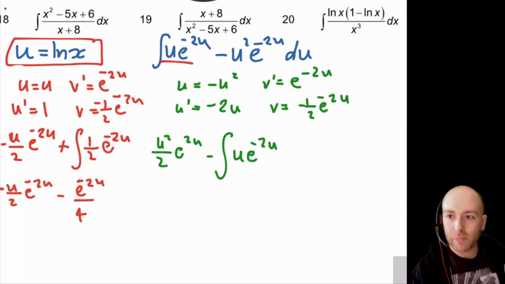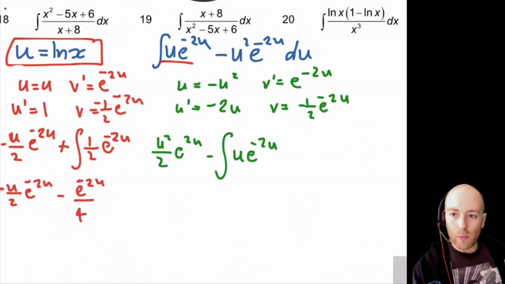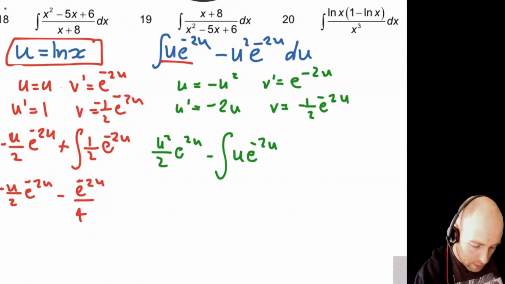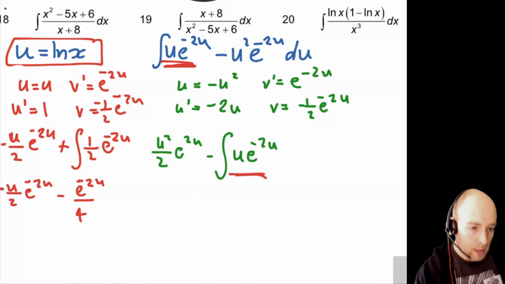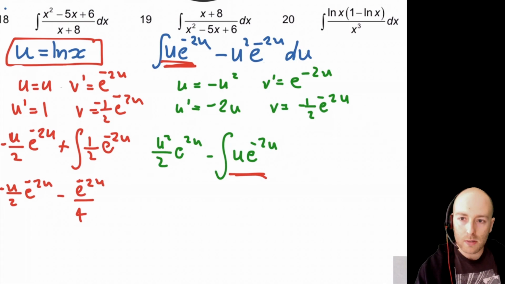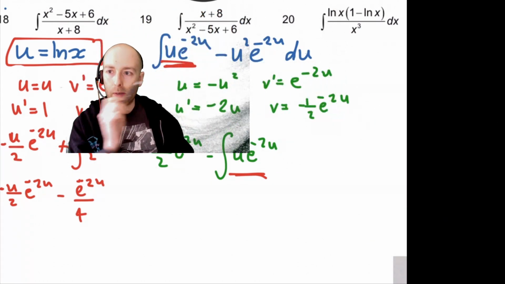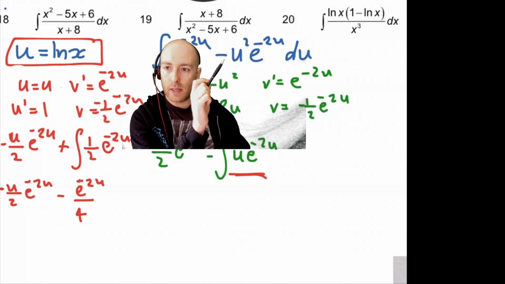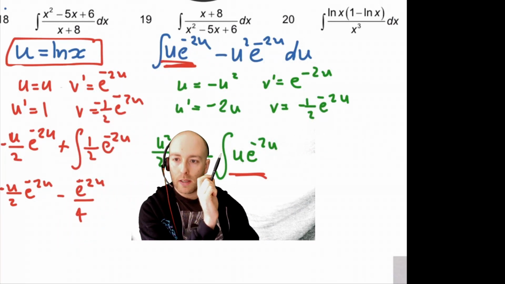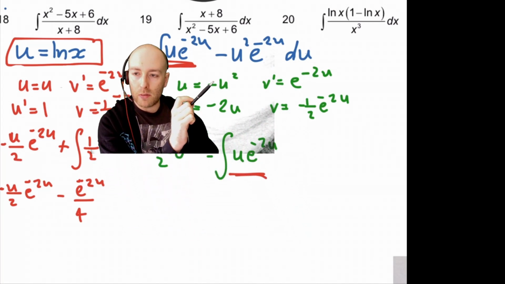What are we doing? Okay, now, interestingly, we've got back to where we started. You see this bit in red is the same as this bit in red. So my answer, if we basically work this out, the whole integral becomes this bit, take away this thing, take away the same bit we started with.